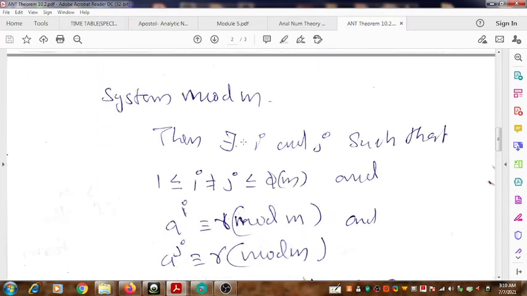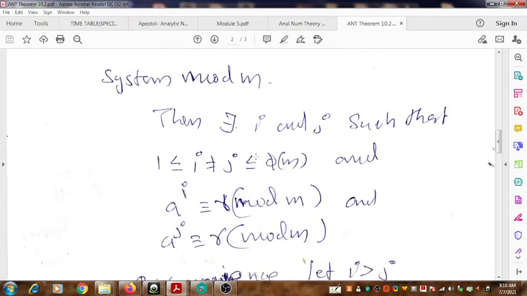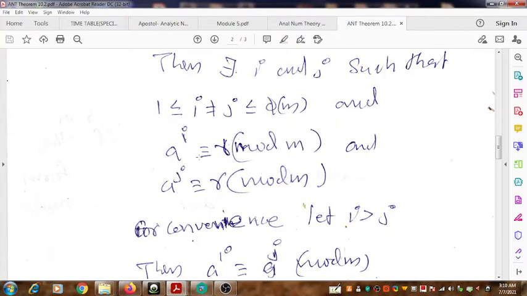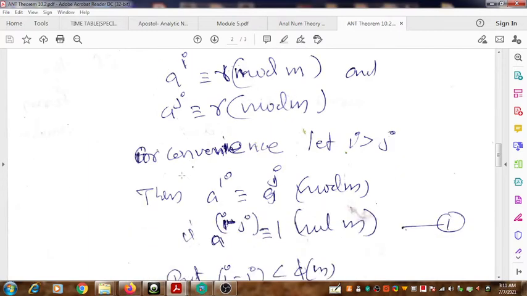Then we can find two numbers i and j, where 1 is less than or equal to i, not equal to j, less than or equal to phi(m), that satisfy a raised to i is congruent to r mod m and a raised to j is congruent to r mod m. That means we get the same remainders when a raised to i and a raised to j are divided by m.